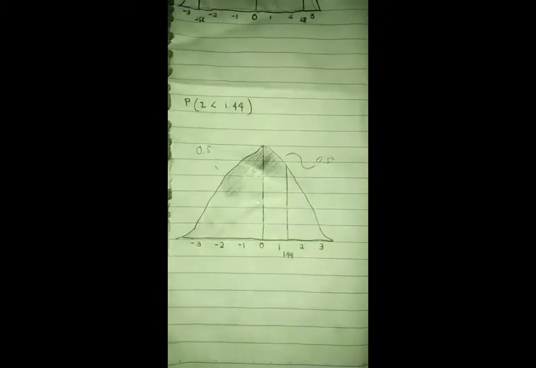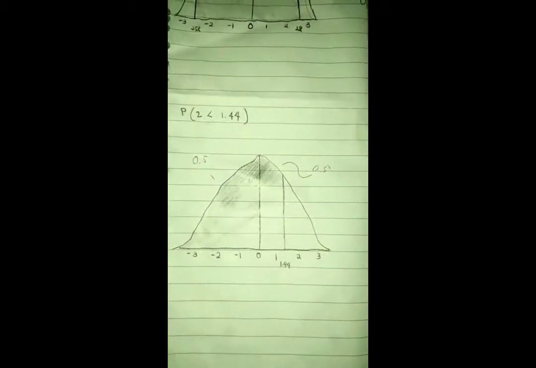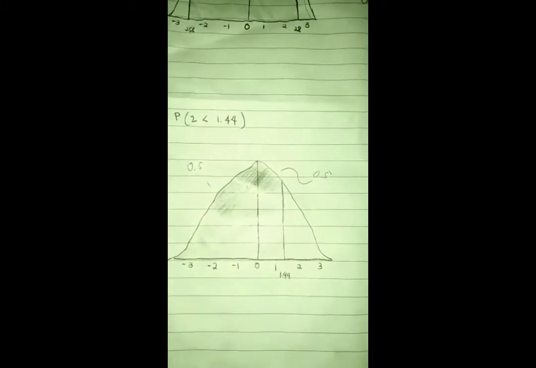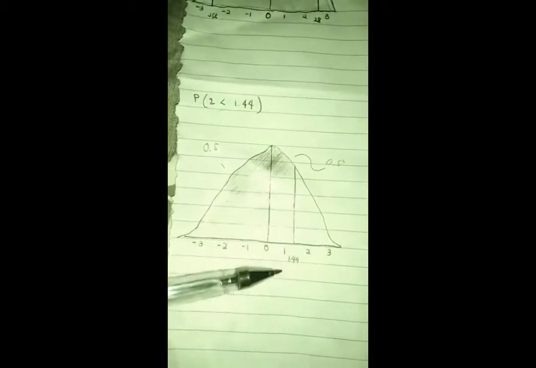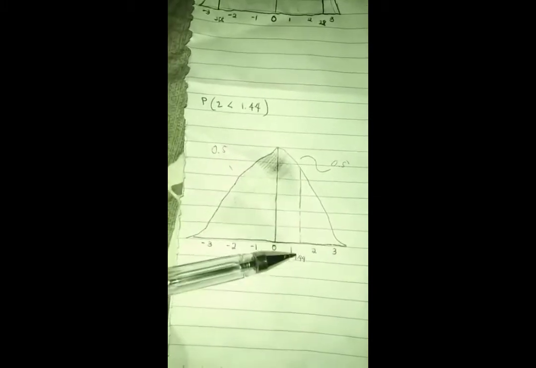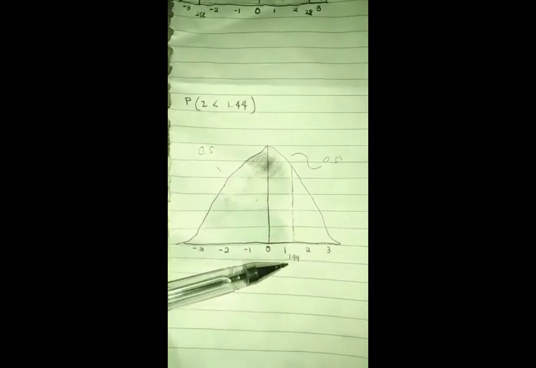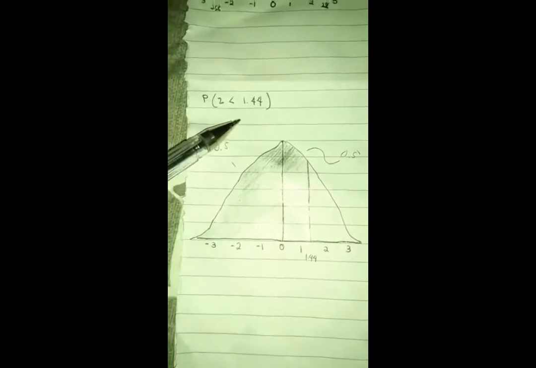Another example, P, open parenthesis, standard normal score less than positive 1.44. Again, we will draw a normal curve. Right now, we will locate the 1.44. After locating the 1.44, this line indicates the positive 1.44. Our problem is the standard normal score is less than 1.44.